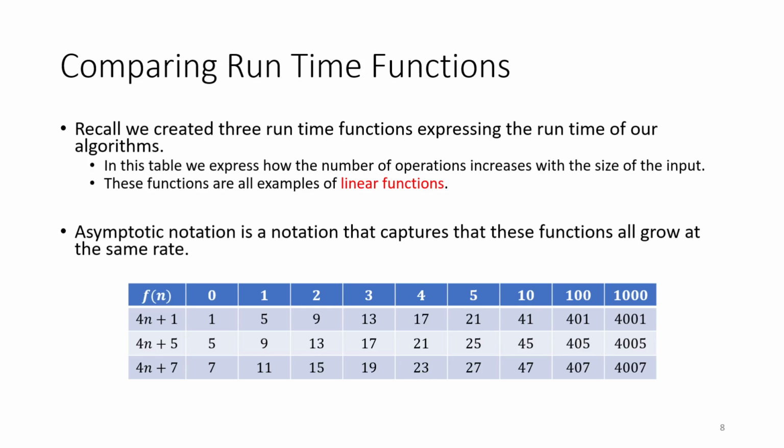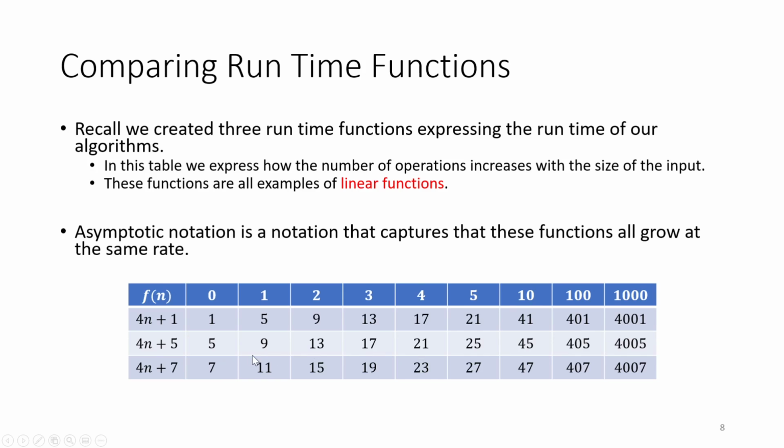Well, maybe we are. But at least for these three functions, when we look at them in this table, we can see that early on, for small values of n, like 0, the differences between these functions are actually quite great. The difference between 1 and 5 is considerable, right? 500%.